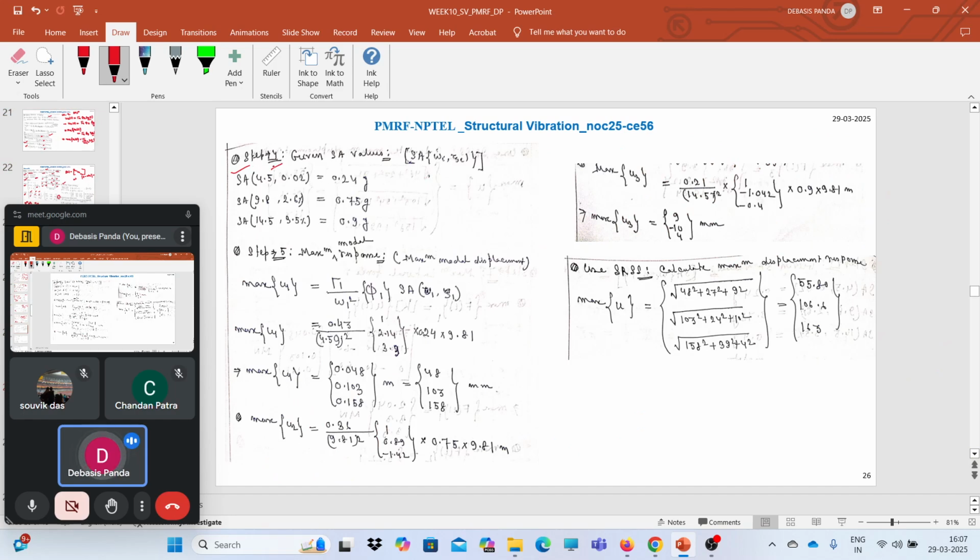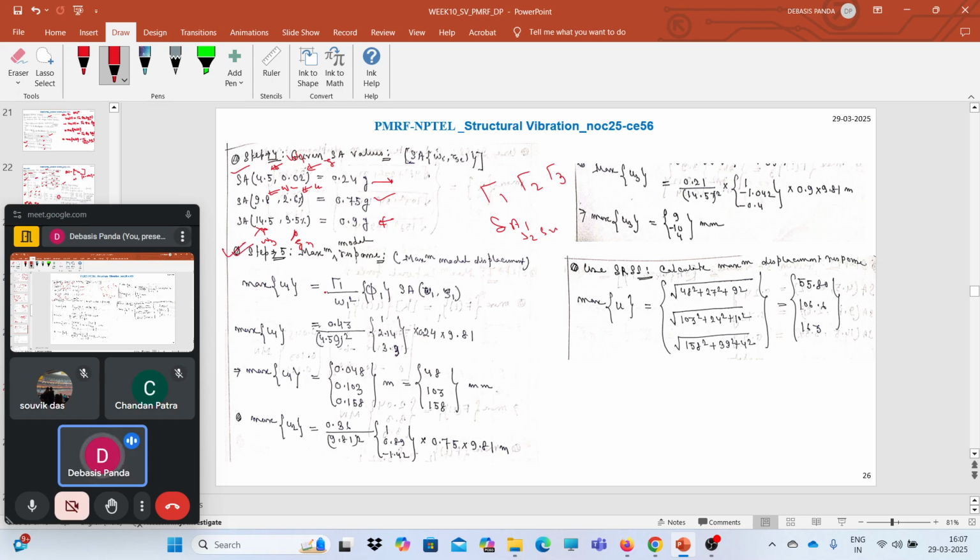Corresponding to omega 1 and zeta 1, it gives us this. Corresponding to omega 2 and zeta 2, we have this. Corresponding to omega 3 and zeta 3, we have this. Now that we have the participation factors 1, 2 and 3, and the SA1, SA2 and SA3 values, we can easily calculate the maximum modal responses.